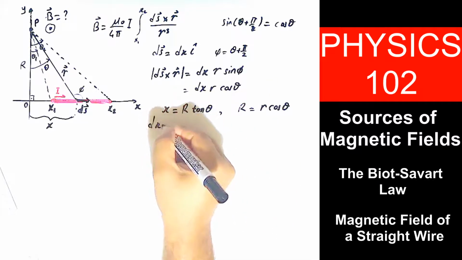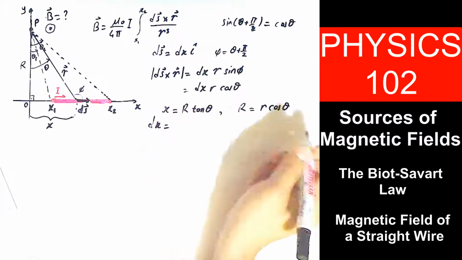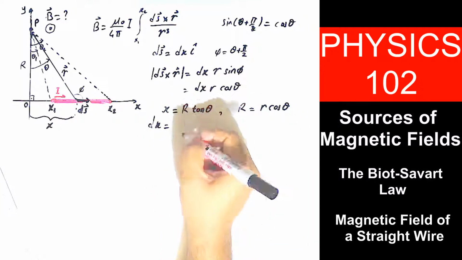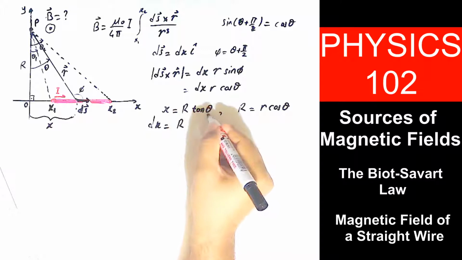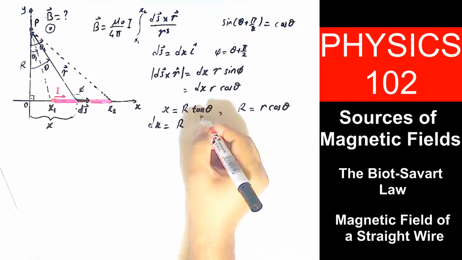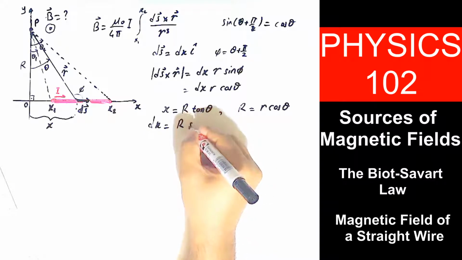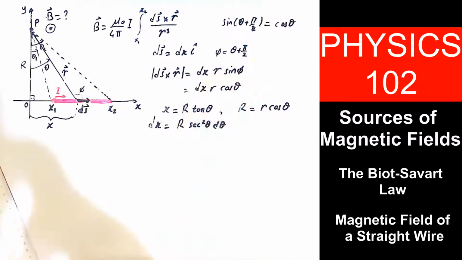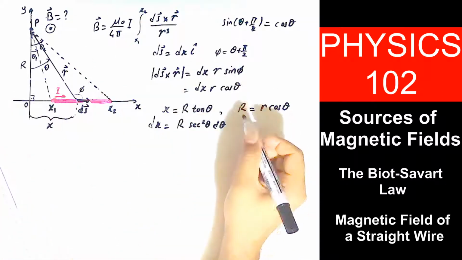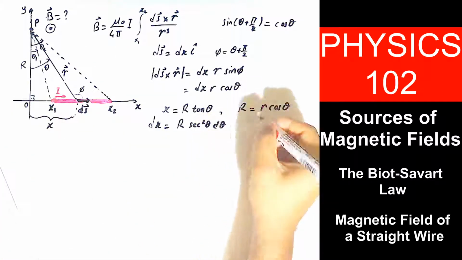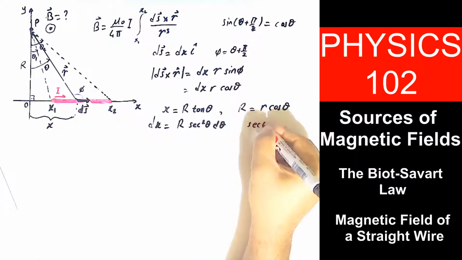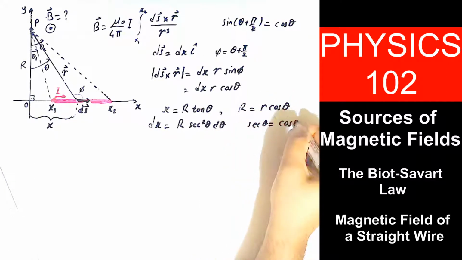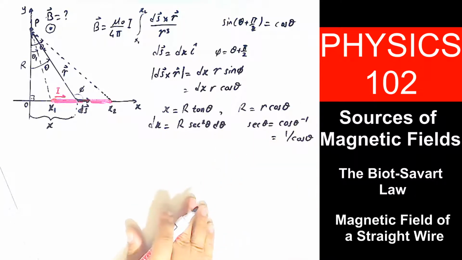Calculating dx is easy. Capital R is constant, and the differential of tangent theta is secant square theta d theta. And secant theta is nothing but the inverse of cosine theta, or 1 over cosine theta.